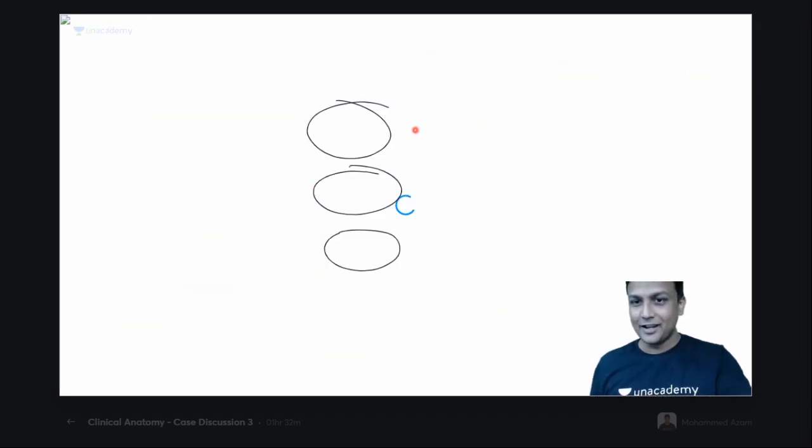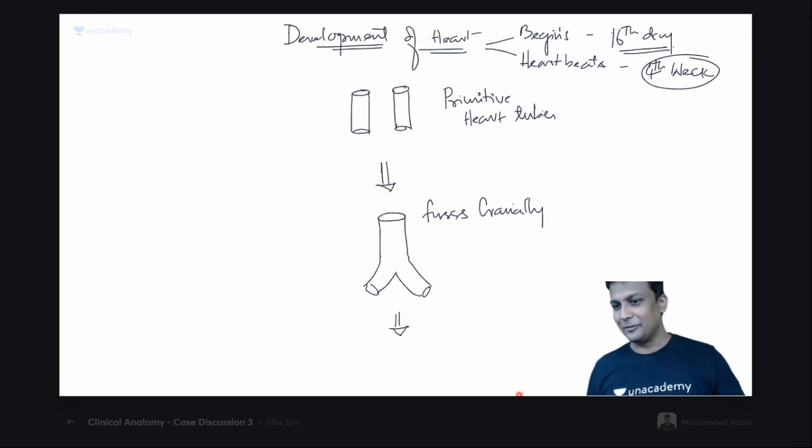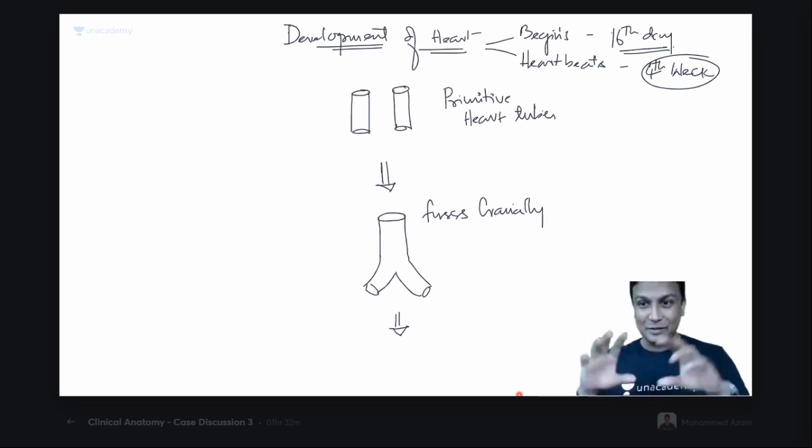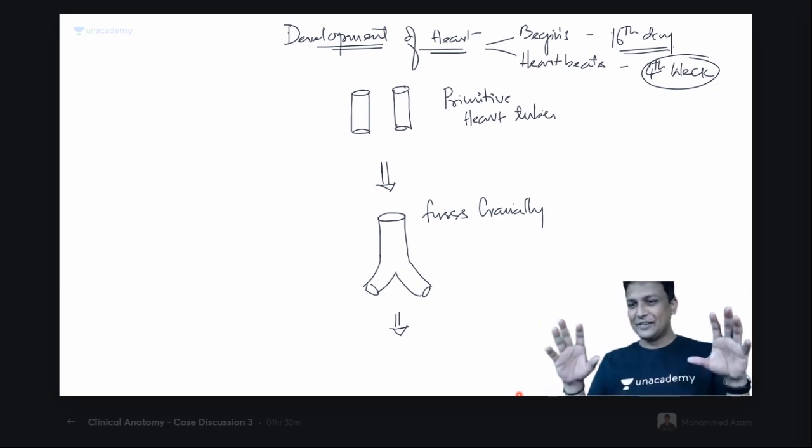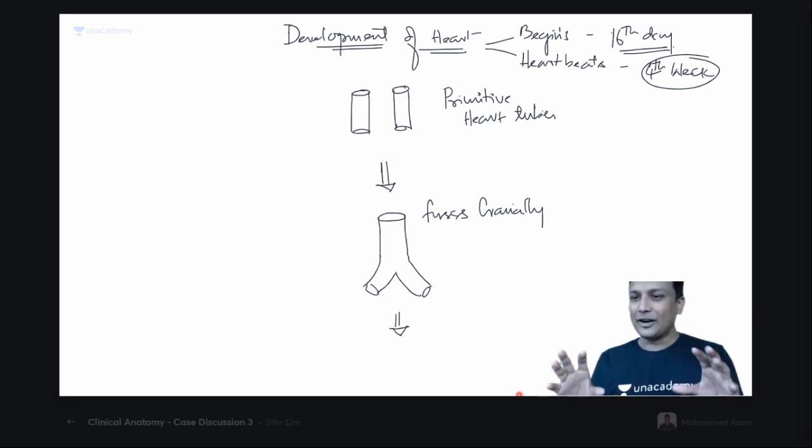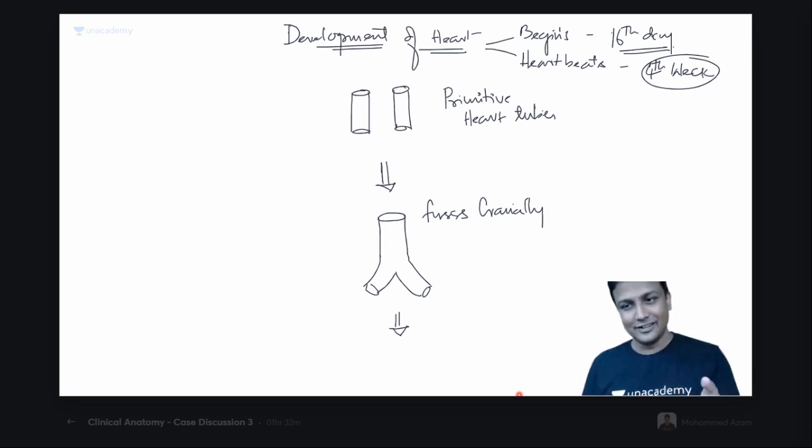I started today's class from here, sir: development of the heart. I think this will give you a complete picture. Normally in our batches, in our live classes, I teach anatomy and I'm the first faculty to interact with the students.